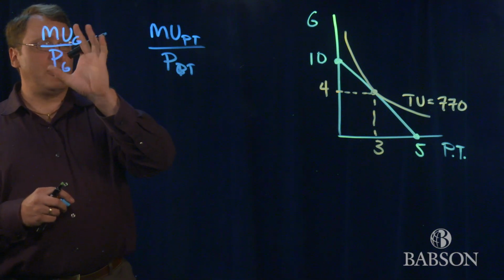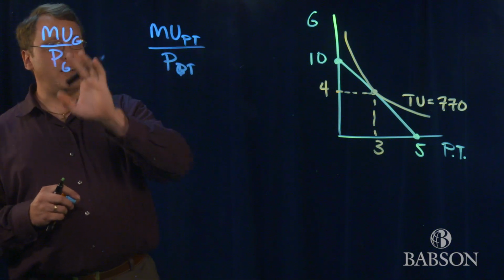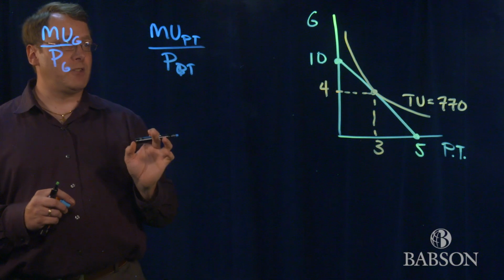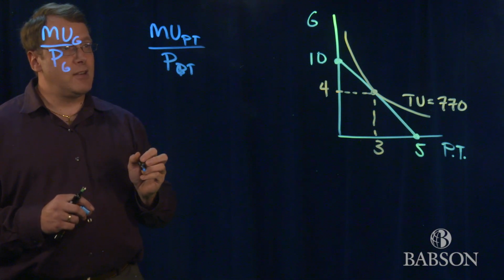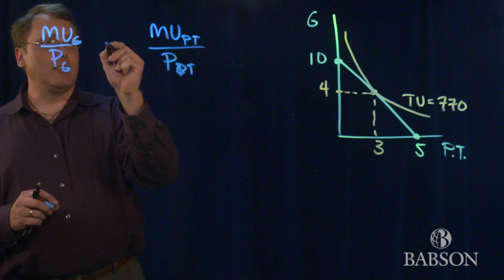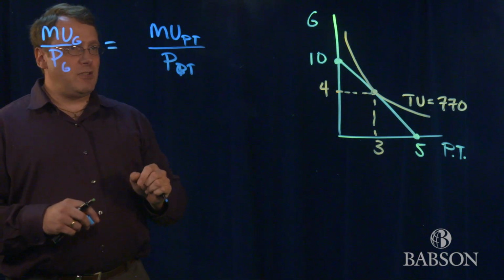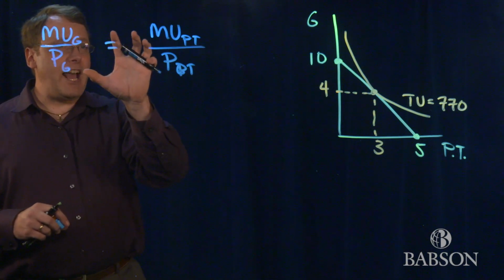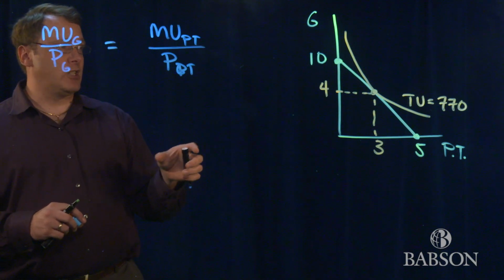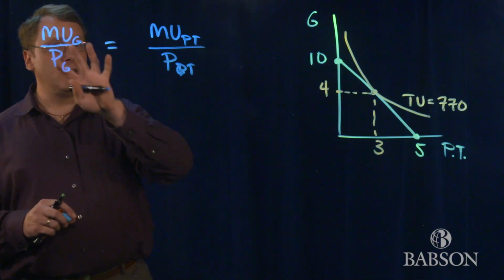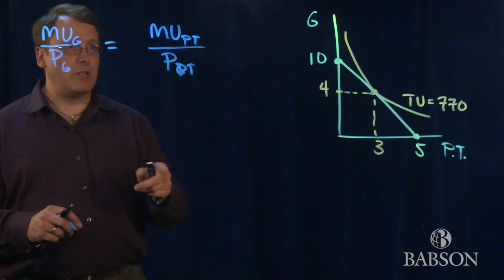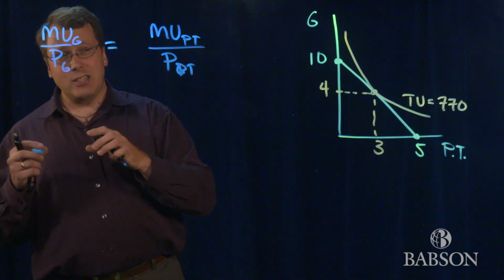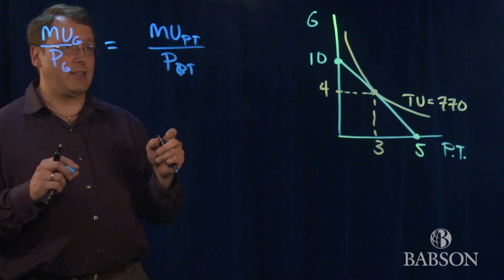So we have the marginal utility of granola divided by its price, the marginal utility of Pop-Tarts divided by its price. And from there, what we saw is actually that these two things are equal. Now, if we have the optimal combination of Pop-Tarts and granola, this statement must always be true. And we actually saw that when we were looking at that.